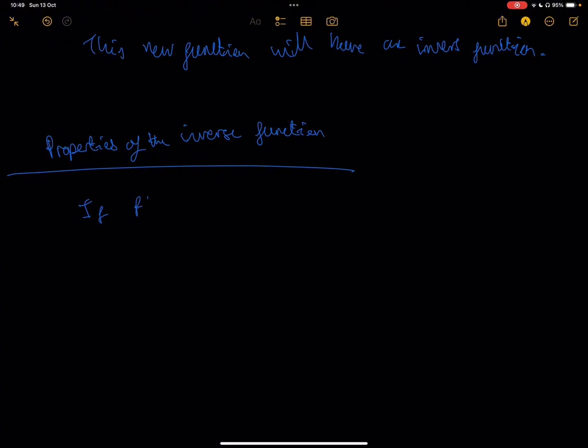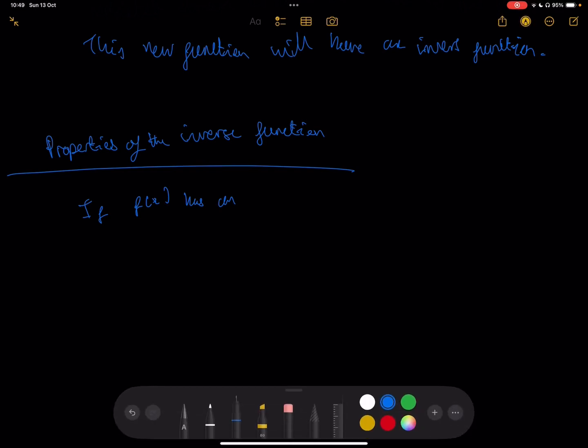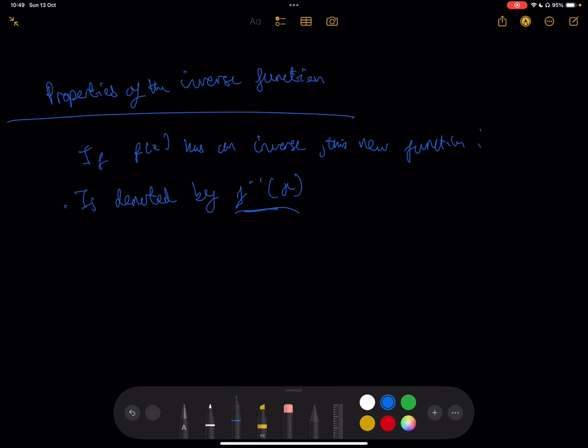So if f of x has an inverse function, we know this means that it's a one-to-one mapping. This new function is denoted by f inverse. You should be familiar with this from prior education, like GCSE, where you would see inverse functions.